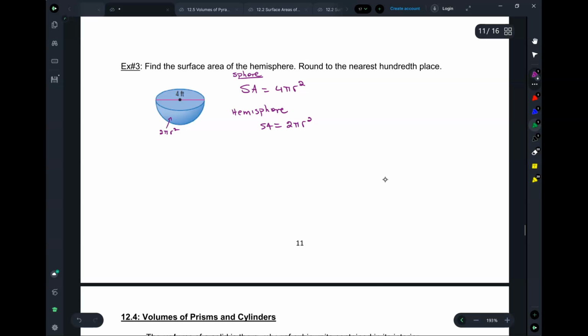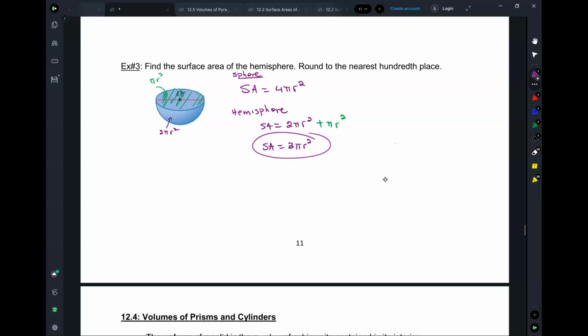Which means you have an additional circle, which is pi r squared. All right? So it's going to be 2 pi r squared plus pi r squared. So together, it'll be 3 pi r squared. Okay, so in this case, it's going to be 3 pi 2 squared, 12 pi, which is 37.7 square feet.